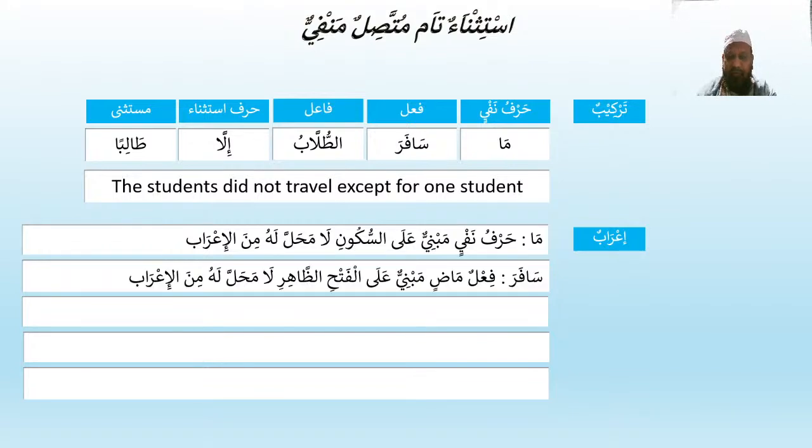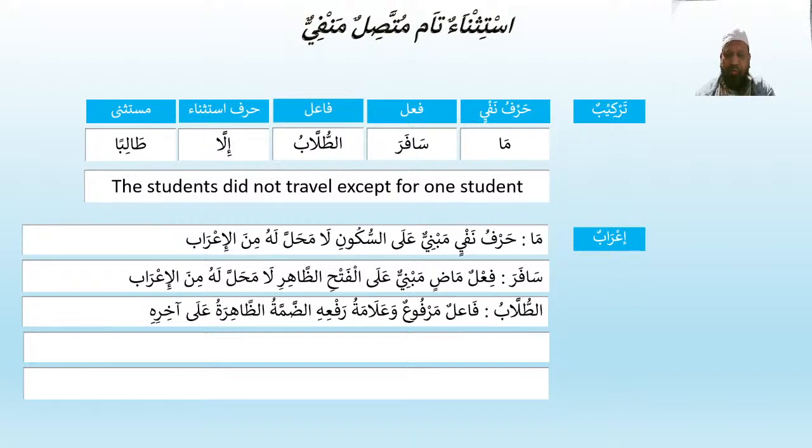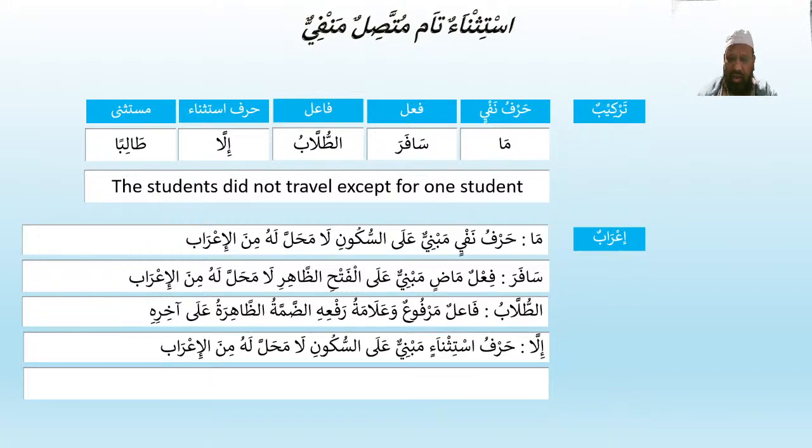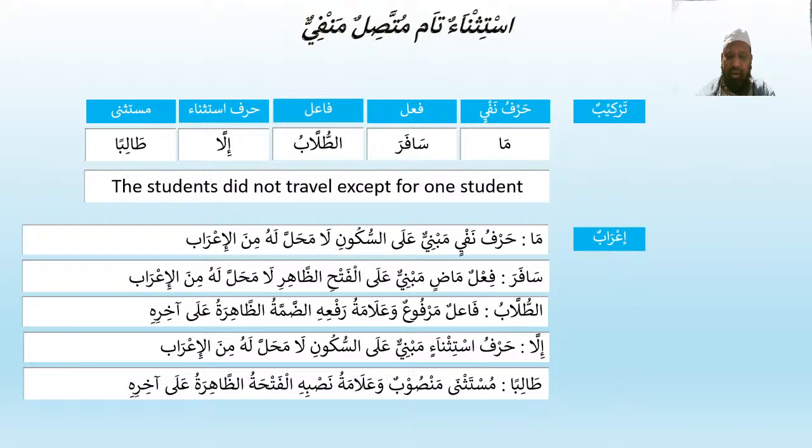Okay. سافر فعل ماض مبني على الفتح الظاهر لا محل له من الإعراب. الطلاب فاعل مرفوع وعلامة رفع الضمة الظاهرة على آخره. إلا حرف استثناء مبني على السكون لا محل له من الإعراب. طالبا مستثنى منصوب وعلامة نصب الفتحة الظاهرة على آخره.